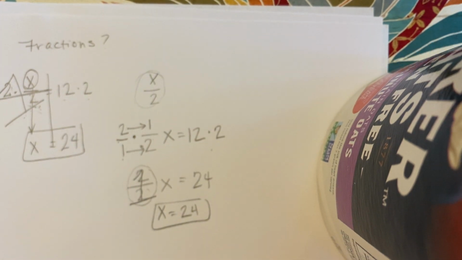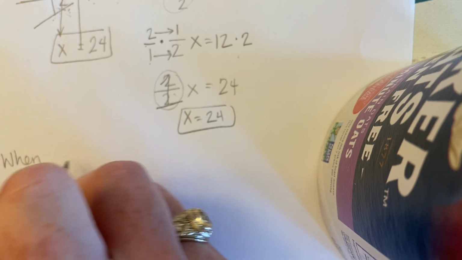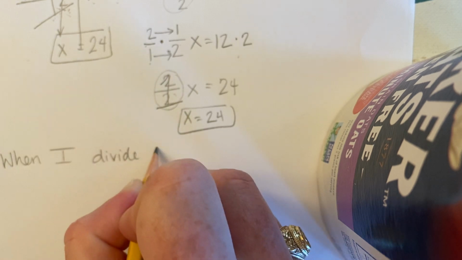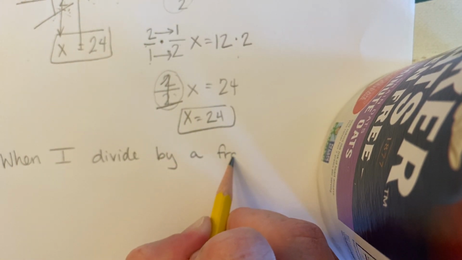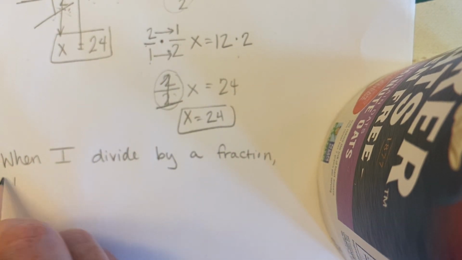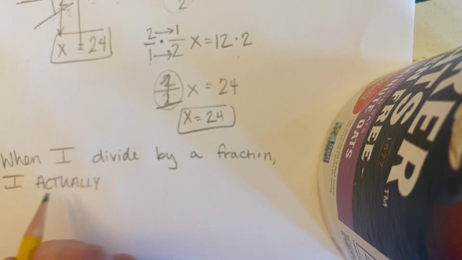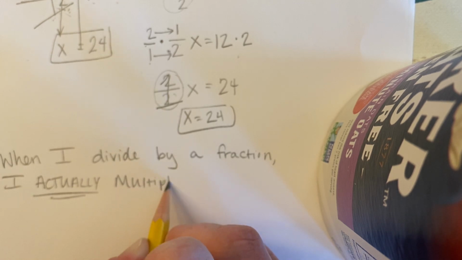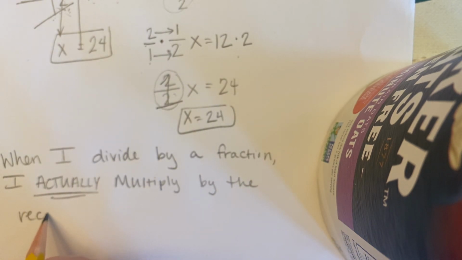Okay, if you're taking notes, we're going to write something down here. When I divide by a fraction, comma, I actually multiply by the reciprocal.